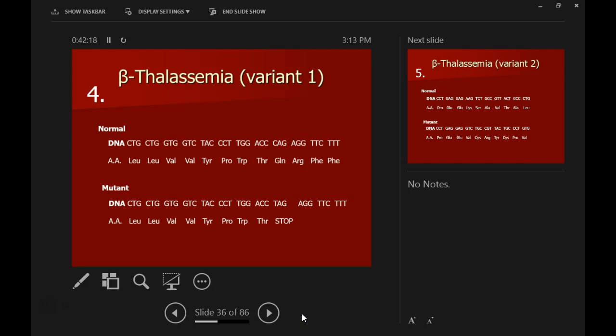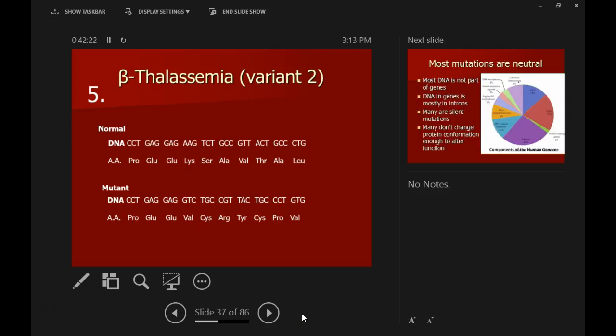Okay, let's go to the last one, and I've saved the trickiest one for last. This is a second variation. The normal or the wild type is on top. The mutant is down below.